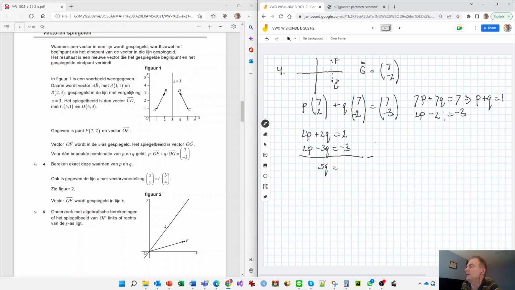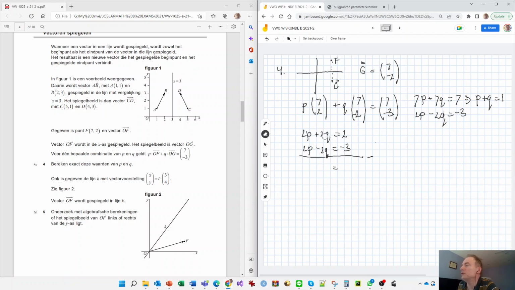This is a minus Q. 2P minus 2Q minus 3. Always a good idea to double check every step instead of rushing too much and ending up with very ugly numbers, for example, which in the end you waste more time on.